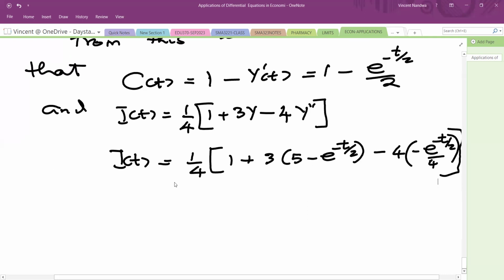When you simplify this, I will be 4 minus e raised to the power negative t over 2 over 2.